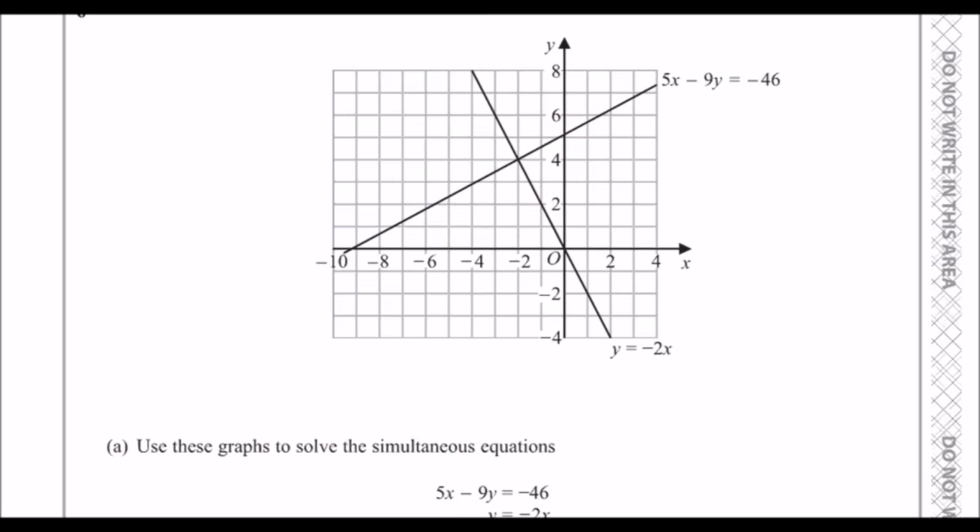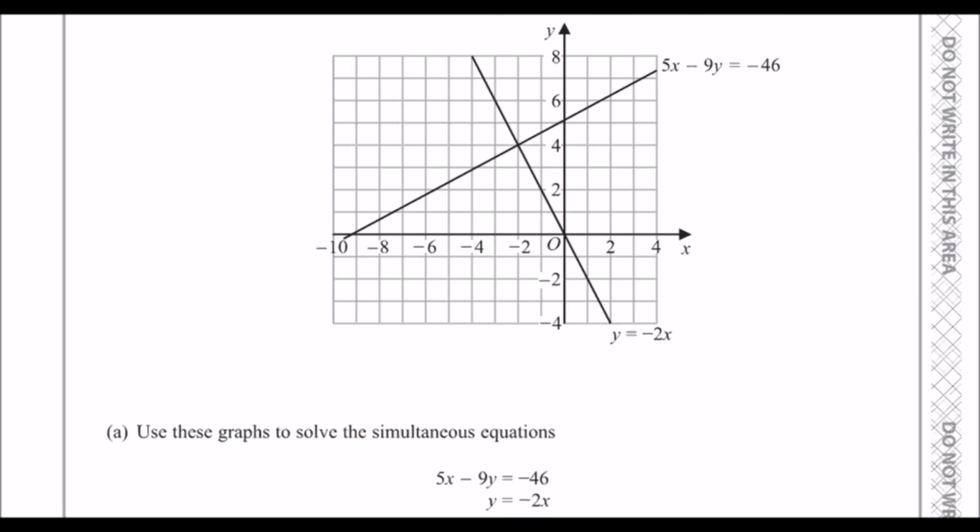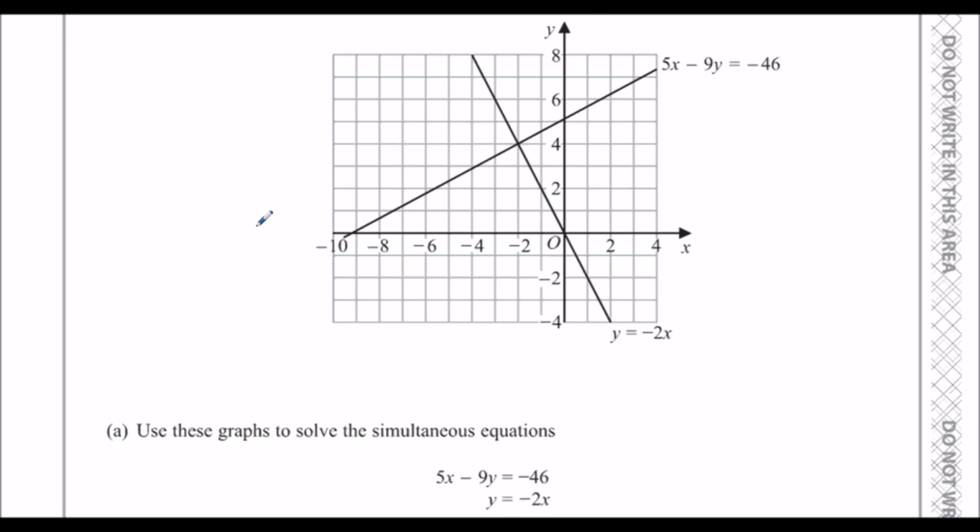Question 6. So we've got 2 graphs drawn, and the question says use these graphs to solve the simultaneous equations, and the equations are the same as the equations of the lines. So the solution to simultaneous equations on a graph is where they intersect.